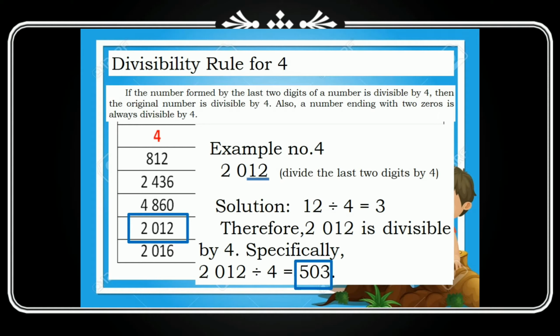For example number 4, we have 2012. Divide the last two digits by 4. So 12 divided by 4 is equals to 3. Therefore, 2012 is divisible by 4. 2012 divided by 4 is equals to 503.